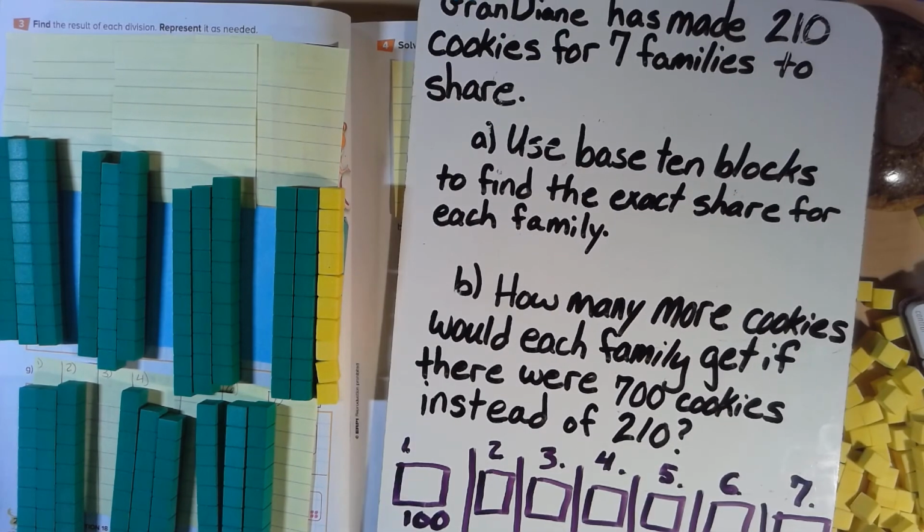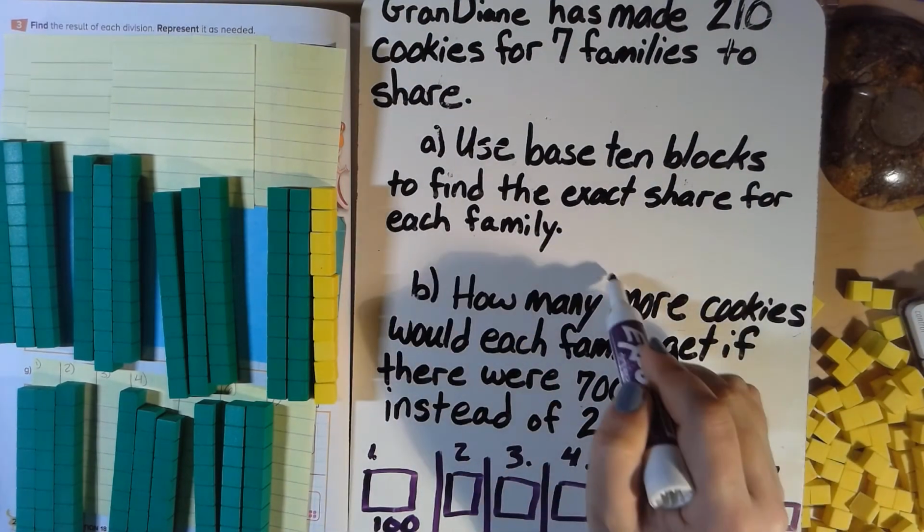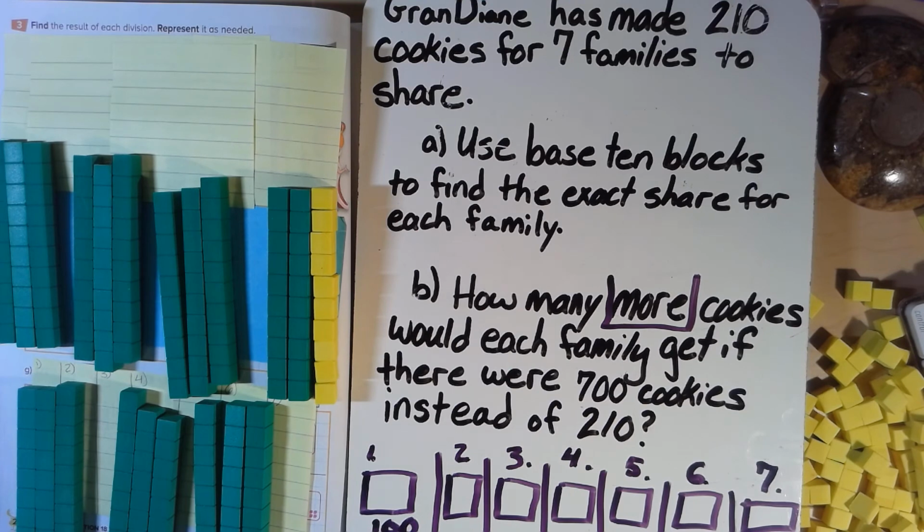Let's go back and look at the question. How many more cookies would each family get if there were 700 cookies instead of 210? You have to remember a lot of information here.